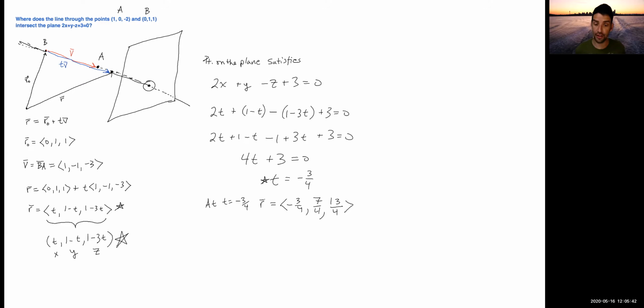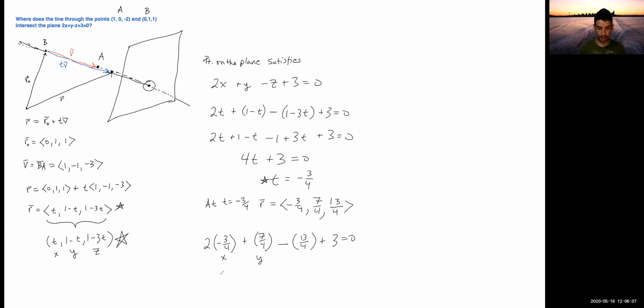In other words, this r is pointing at a point that satisfies the equation for the plane, right? If we take these values of x, y, and z and put them into the plane equation, 2 times negative 3/4 plus 7/4, there's my x, there's my y, minus 13/4 plus 3 equals 0.